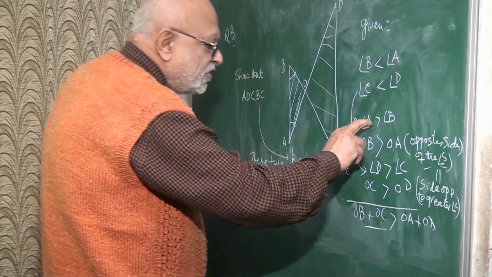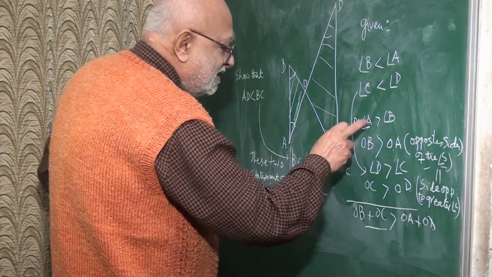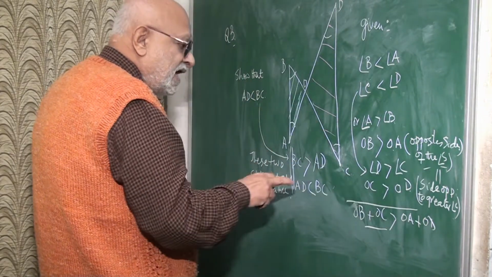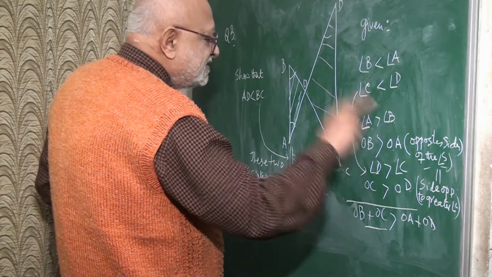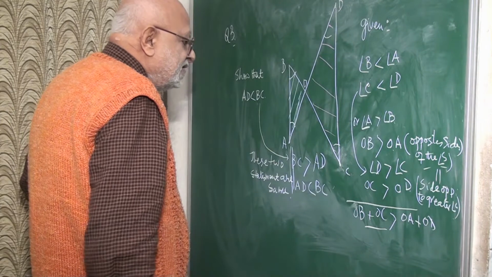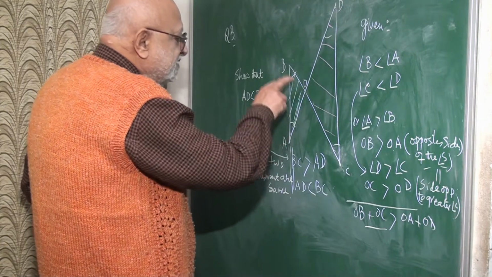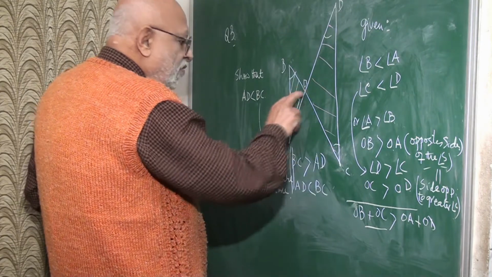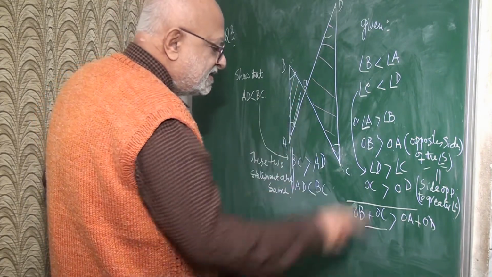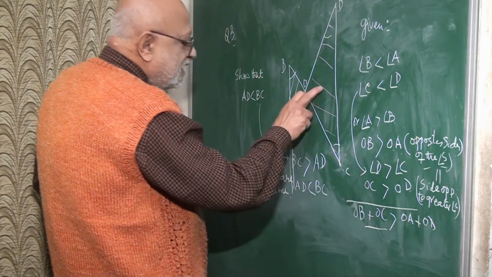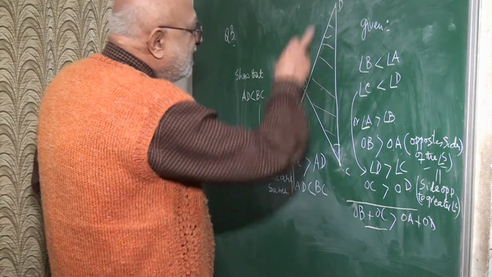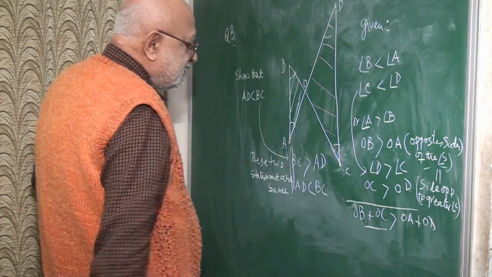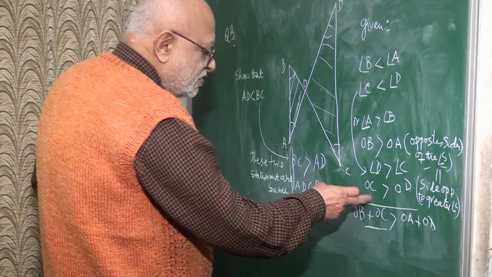So the side opposite to the greater angle is also larger. So angle A is greater than angle B. Opposite to it is OB, and that is greater than OA. Go to this triangle, their angle is given, angle D is greater than angle C. These are given, so you do it.